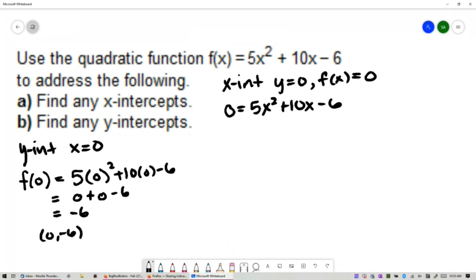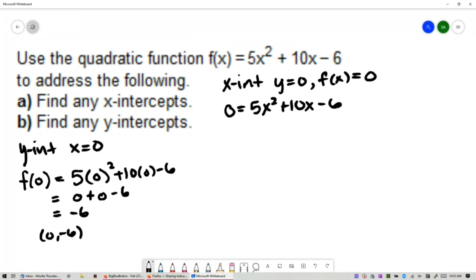And there's probably more than 4 methods, but 4 that I typically teach for solving quadratic equations. There's factoring, there's the square root method, completing the square, and the quadratic formula. Factoring and the square root method are methods that don't always work.